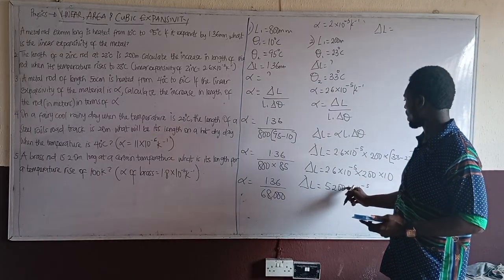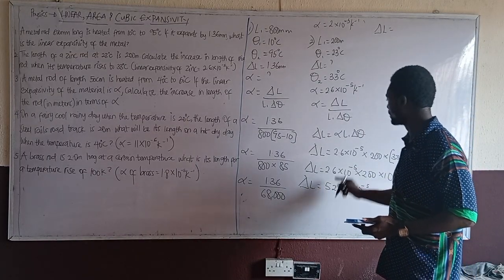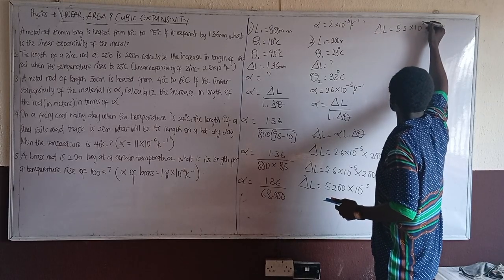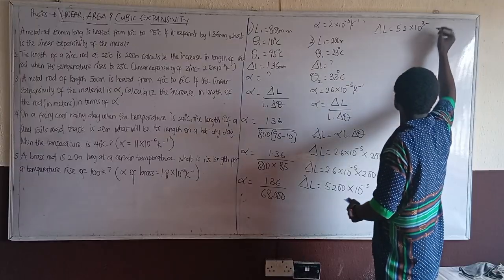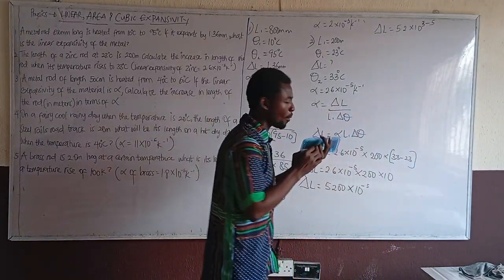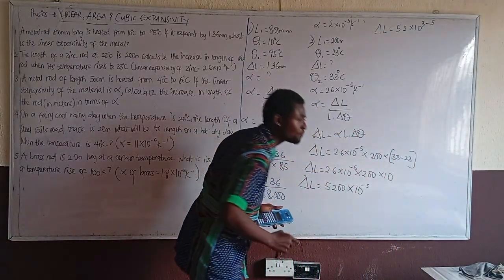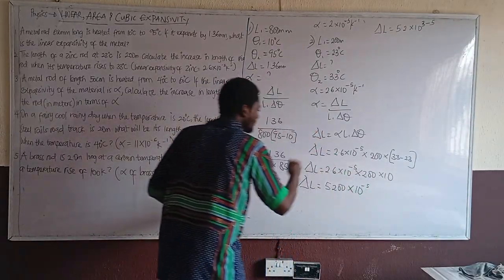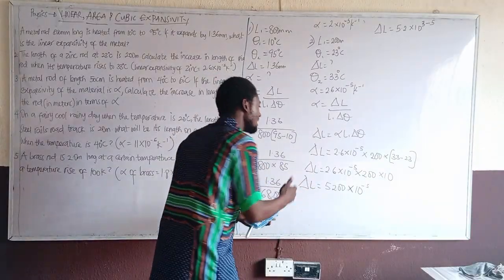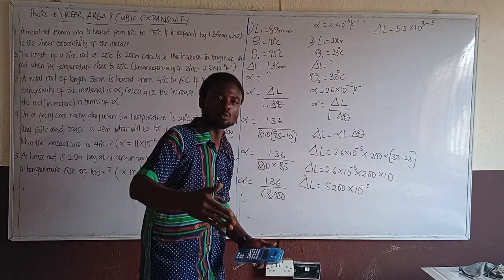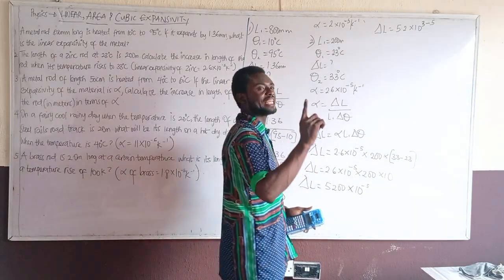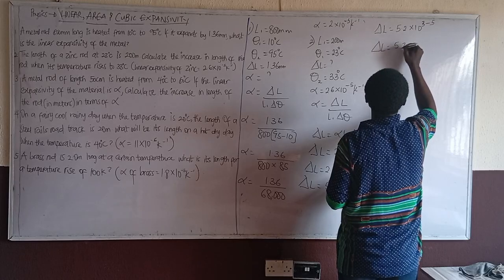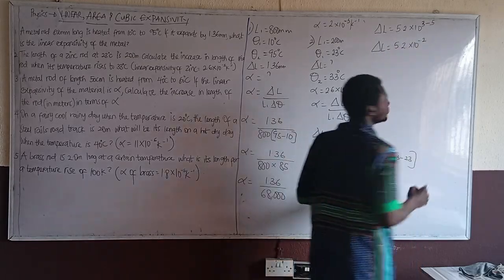So I move my point 1, 2, 3 times, and that becomes 5.2 times 10 raised to power 3 minus 5. I move the point 3 times to stay between 5 and 2. And when you are moving your point from right to left, your power becomes positive. Then from left to right, your power becomes negative. Then the minus 5, I add them initially. So my change in length here becomes 5.2 times 10 raised to power minus 2.